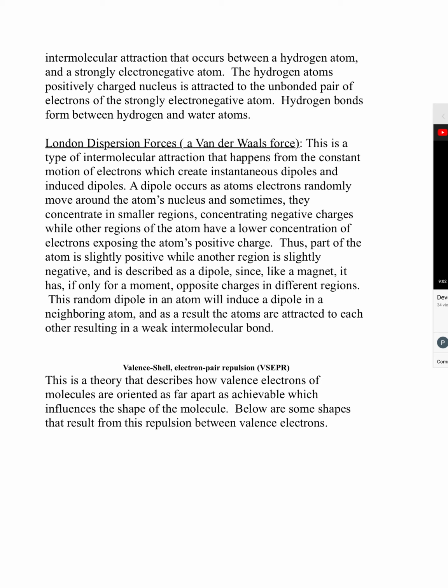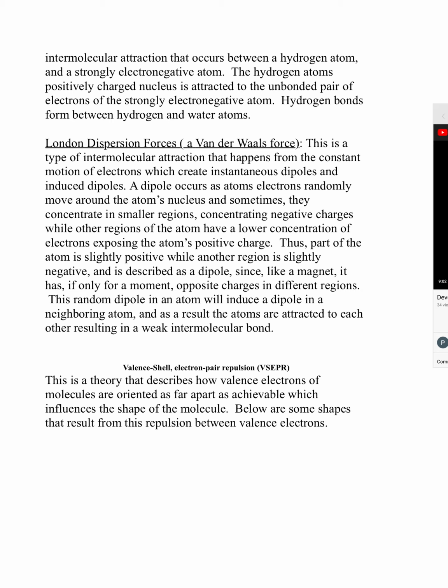This random dipole in an atom will induce a dipole in a neighboring atom, and as a result, the atoms are attracted to each other, resulting in a weak intermolecular bond. What does this actually mean? Because the electrons move randomly, sometimes part of the molecule becomes negatively charged, more so than other parts, and other parts become slightly positively charged, and that will cause neighboring atoms to be attracted to each other.